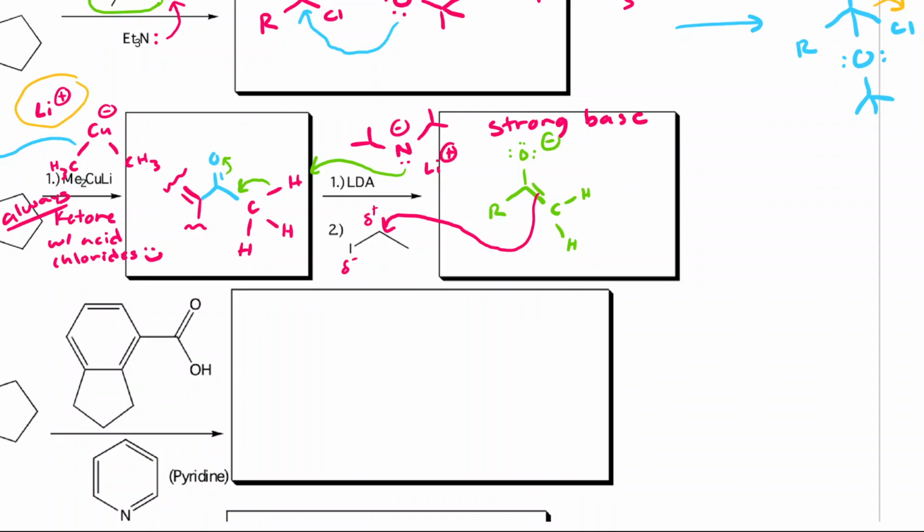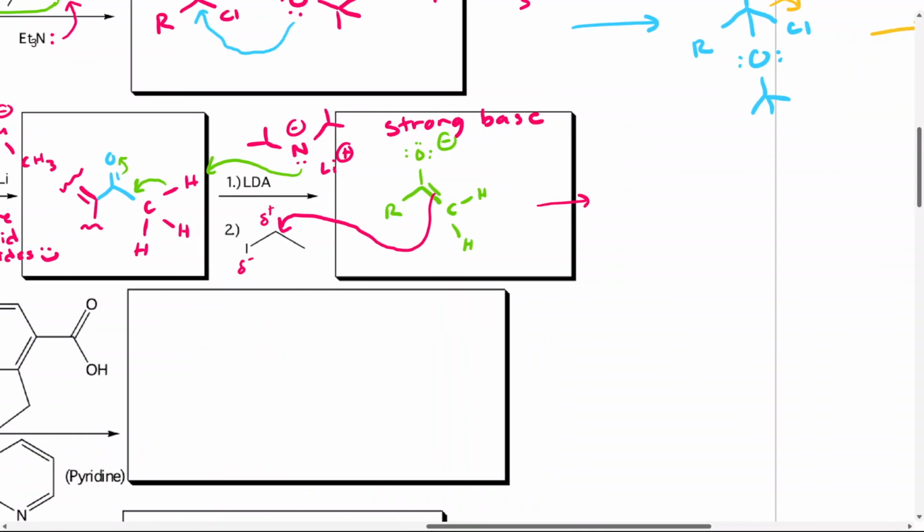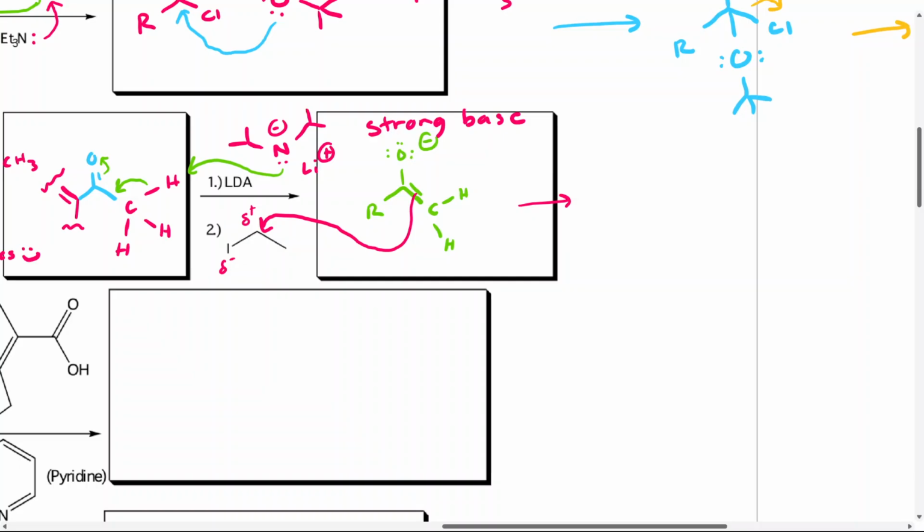So then when the alkene attacks that, we're going to recognize that the central carbon is not going to have 4 things bonded to it. So the enolate on top is going to push some electrons down and create a carbonyl group.